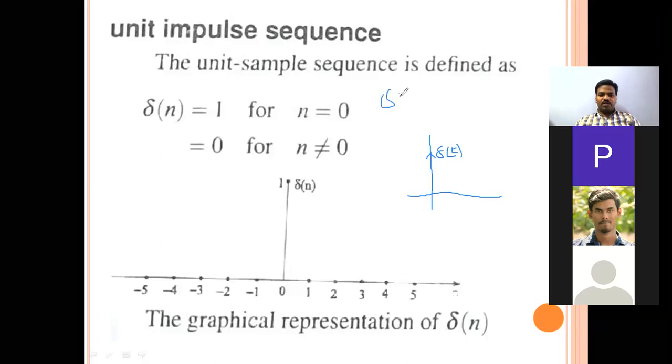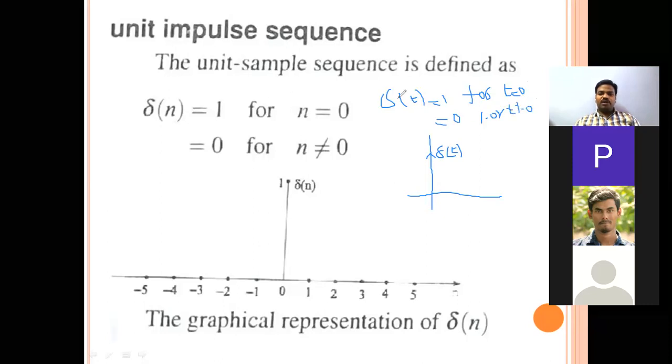Delta of t is equal to 1 for t is equal to 0, which is equal to 0 for t is not equal to 0.